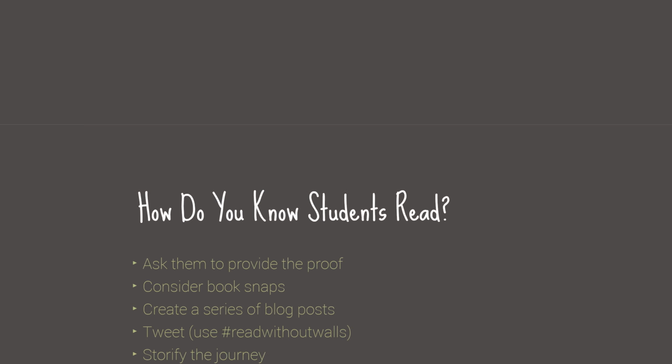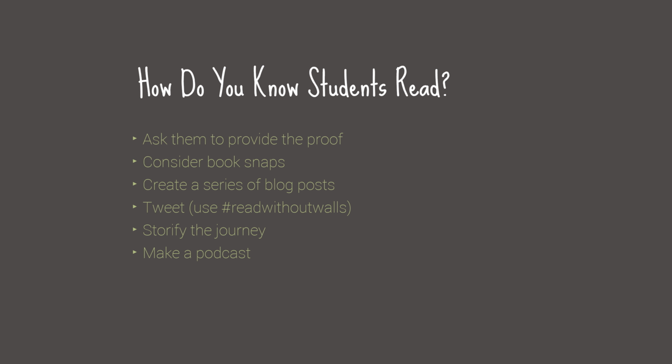Now, the question that follows, of course, when you do this in your class is how do you know that students read? Particularly if it's not required, students may or may not be reading these books, and you have no way of knowing. And obviously, even if it is required, everybody's not reading the same book if students are self-selecting.